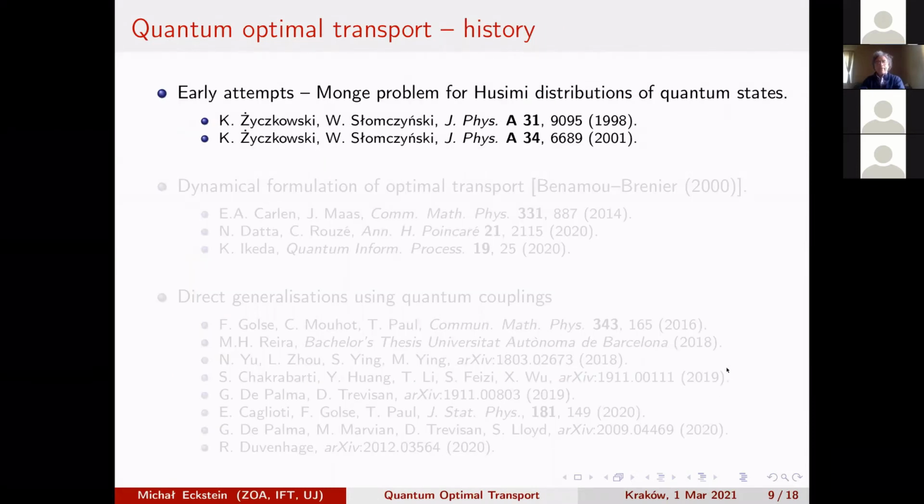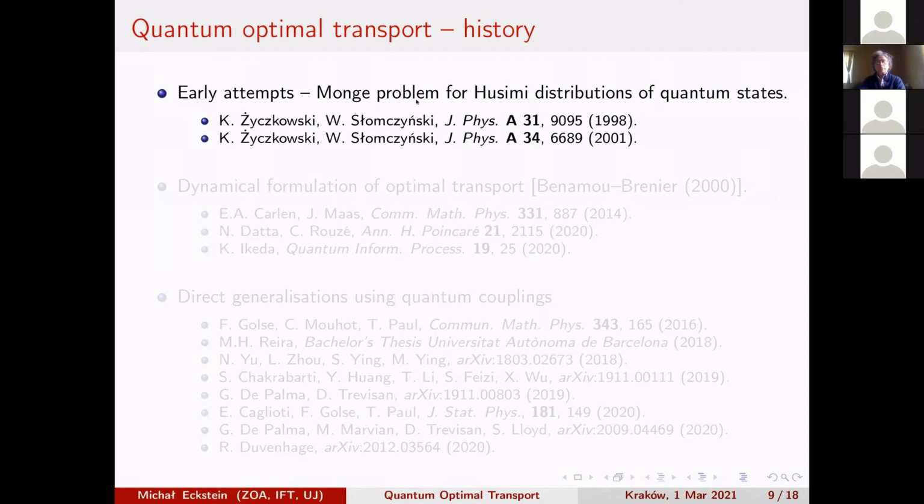Now, a bit of history. Let me just remind you that the classical optimal transport is a very powerful and very large domain of mathematics. The big figure in the field is of course Cedric Villani, a Fields medalist. But the quantum optimal transport problem has started not so long ago, and some early attempts, probably not the first one but certainly one of the first ones, were by Karol Życzkowski and Wojciech Słomczyński.